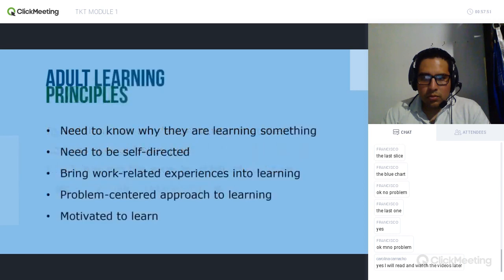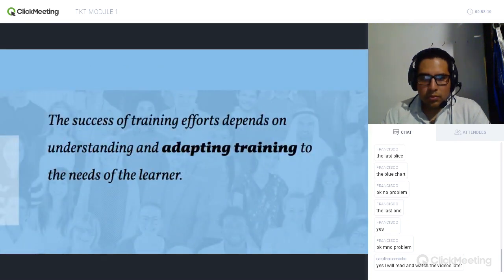There are 5 principles for designing training for adults, who need to know why they're learning something, need to be self-directed, bring more work-related experiences into the learning process, enter into a learning experience with a problem-centered approach to learning, and are motivated to learn by both extrinsic and intrinsic factors. The success of training efforts depends on understanding and adapting training to the needs of a learner.